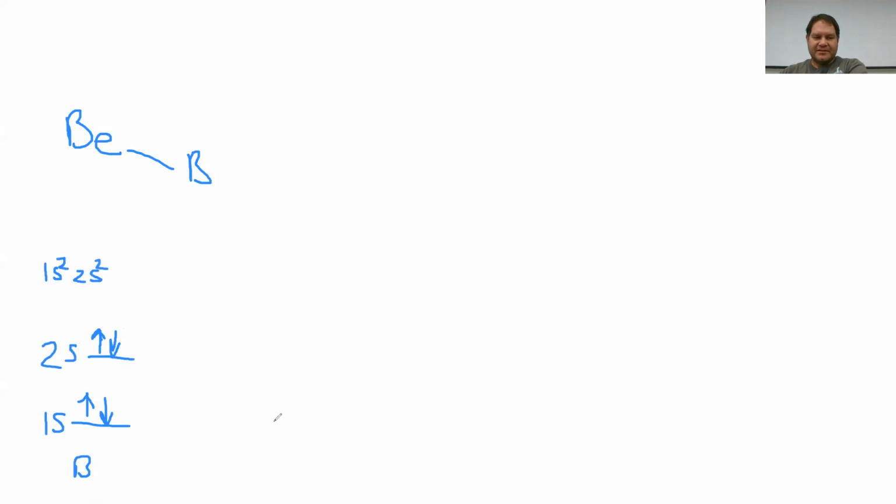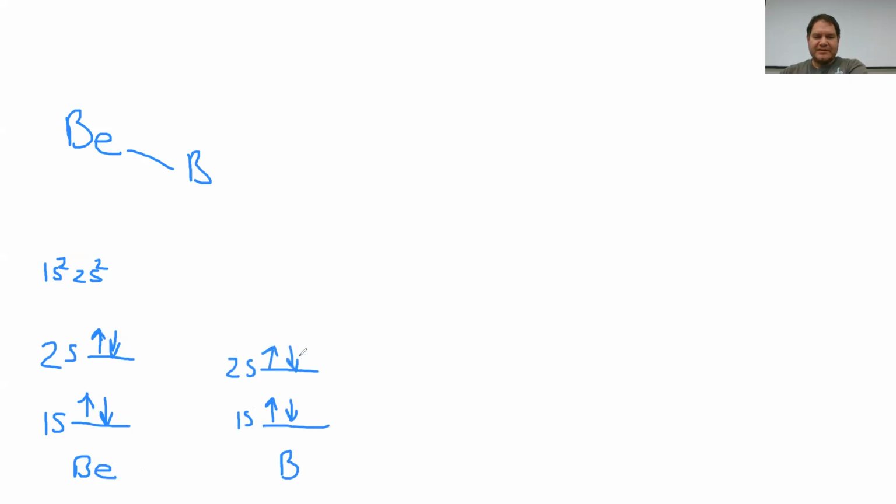Okay. Now let's look at, oh, sorry, I said boron earlier, I meant beryllium. Now boron, let's look at boron, okay? It also has a 1s, of course, with 2 electrons in it. It has a 2s with 2 electrons in it.